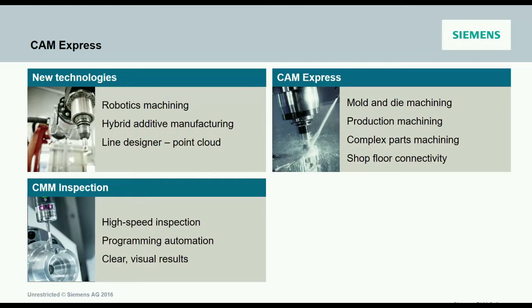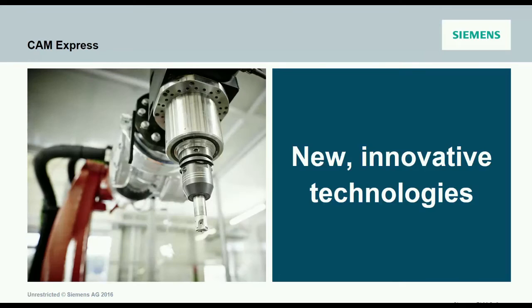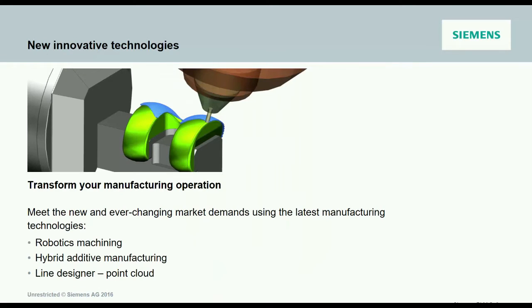We've also redeveloped and enhanced functionality for things like mold and die machining, production machining, complex parts, and even shop floor connectivity. So, new and innovative technologies to transform your manufacturing operations and to meet new and ever-changing market demands using the latest manufacturing technologies.